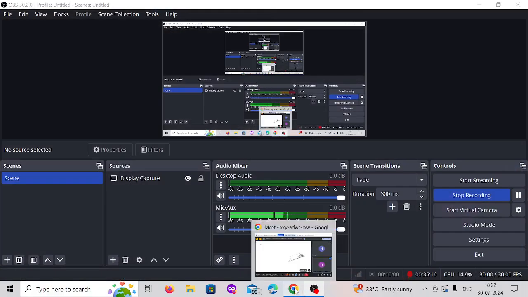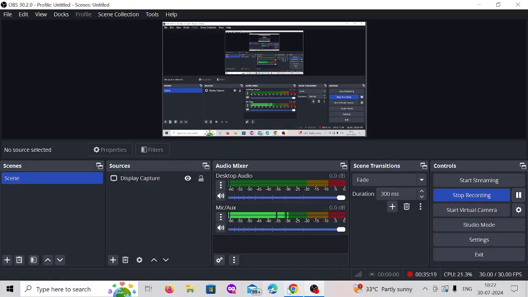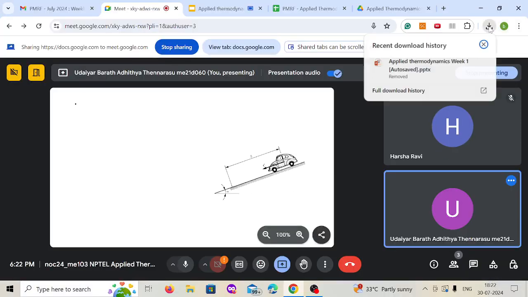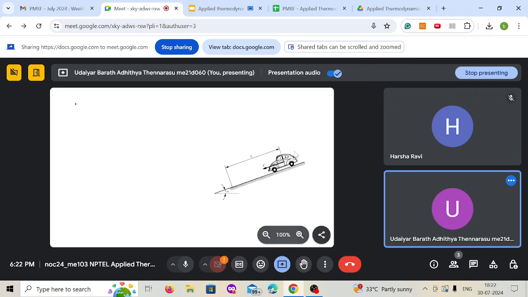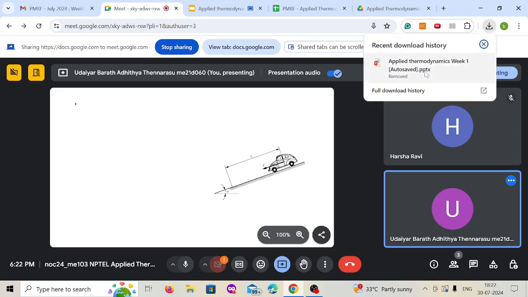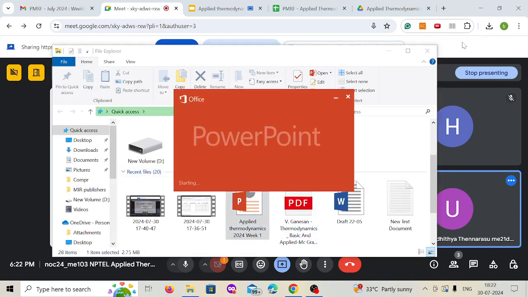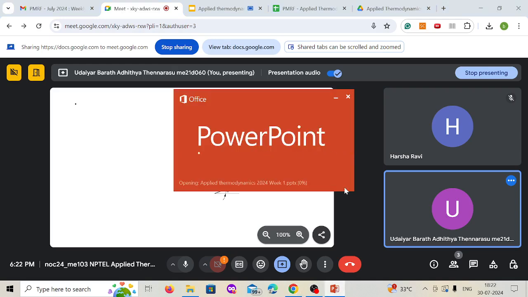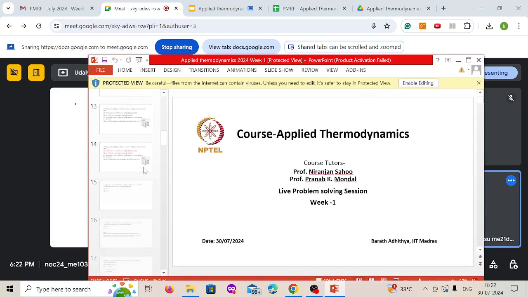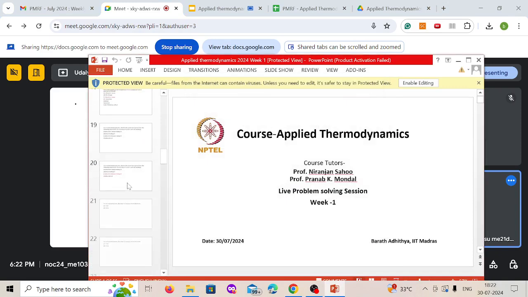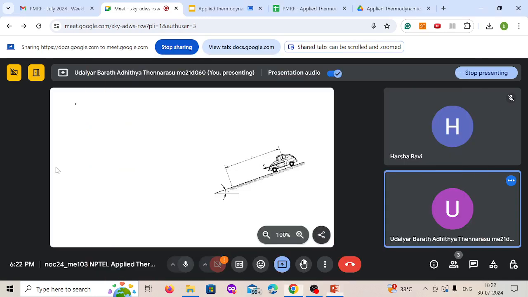Let's see if it can change. Just share a different file.